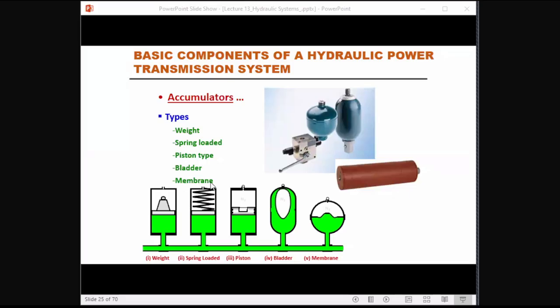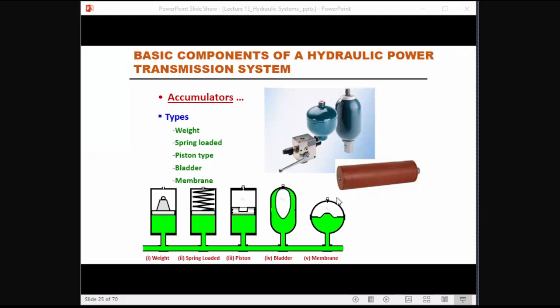In this case, we have a flexible membrane like this. Okay. Using this membrane, we can separate gas and hydraulic fluid. Here you can see gas in this area, and hydraulic fluid. Okay.